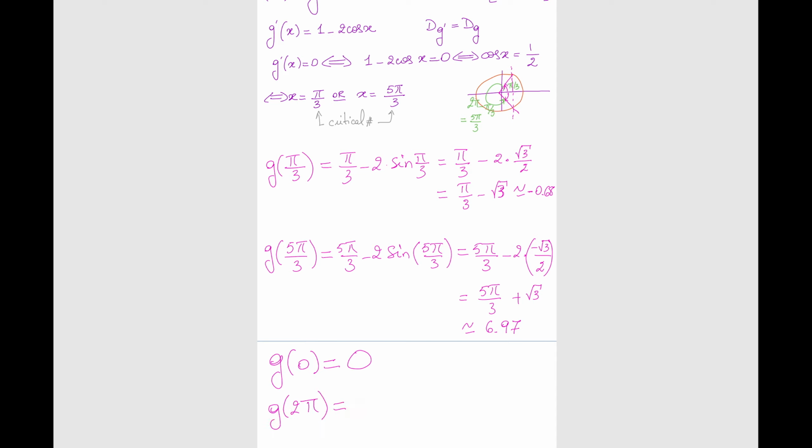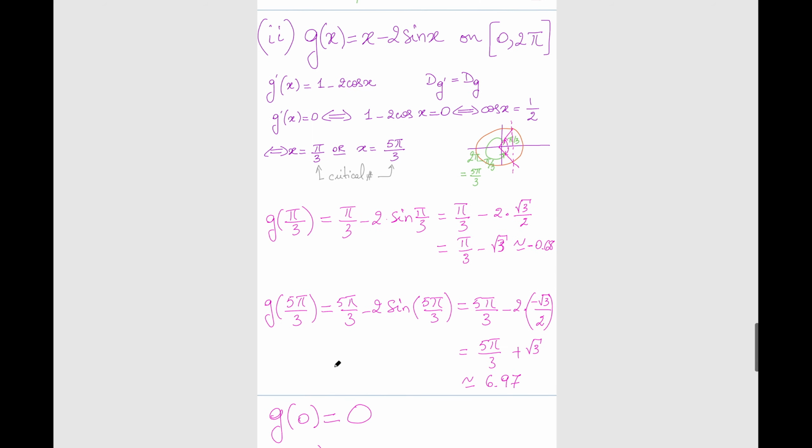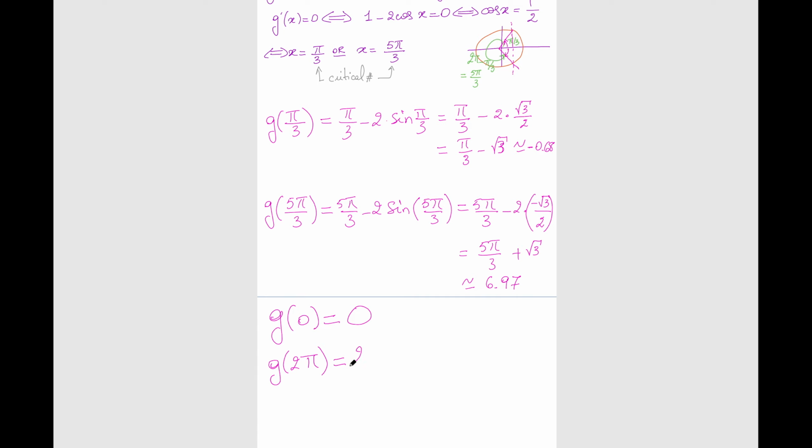Well, g was x minus 2 sine x, so g of 2 pi is going to be 2 pi minus 2 times sine of 2 pi. Sine of 2 pi is 0, so that's going to be 2 pi. So g of 2 pi is 2 pi, and 2 pi is approximately 6.28. Okay, so 6.28 is still below that number.